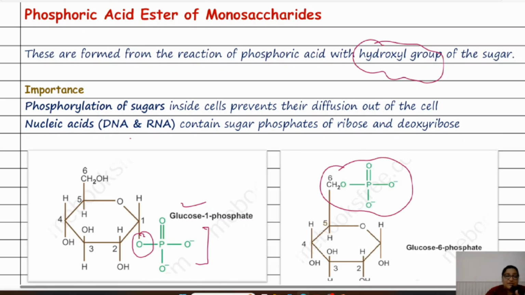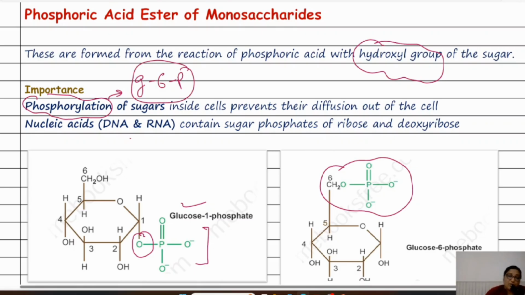First of all, when glucose enters into the cell and prepares itself for glycolysis, as soon as it enters the cell, phosphorylation happens. It gets converted into glucose 6 phosphate. Why is this phosphorylation important?